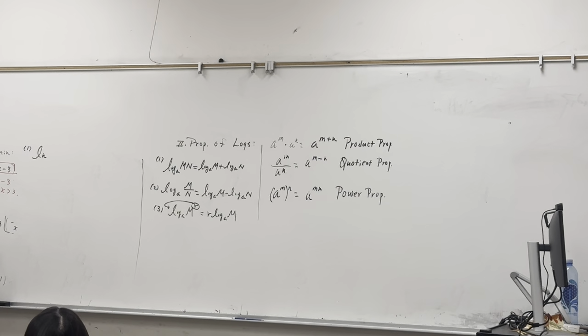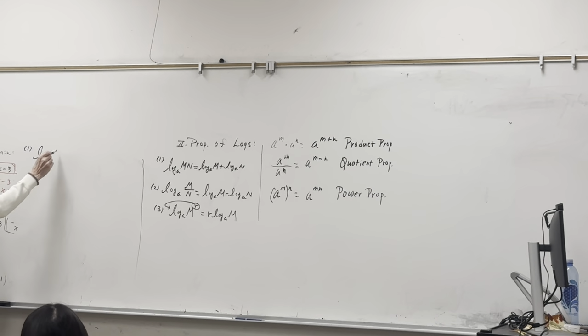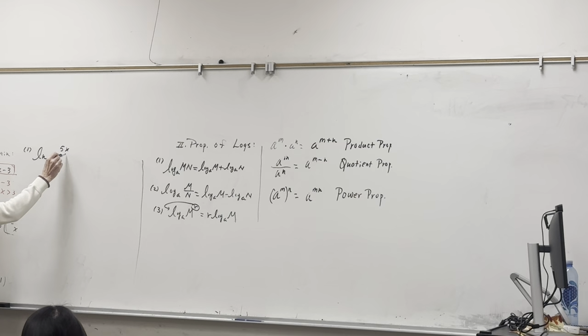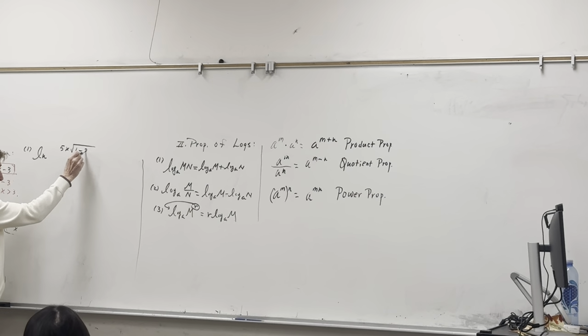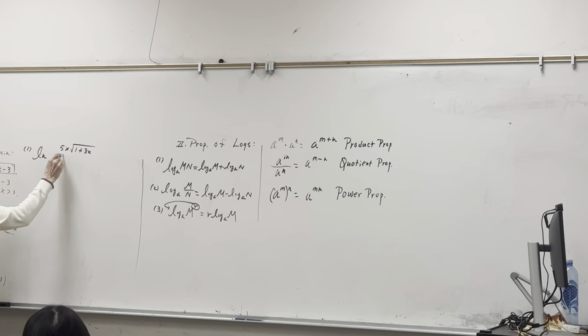So it's a fraction. 5x times the square root of 1 plus 3x, divided by x minus 4, cubed. All of that. Yeah, and that's it.